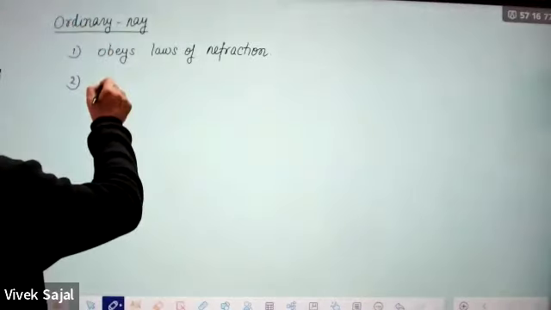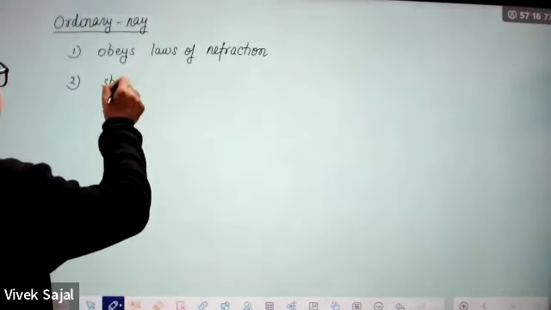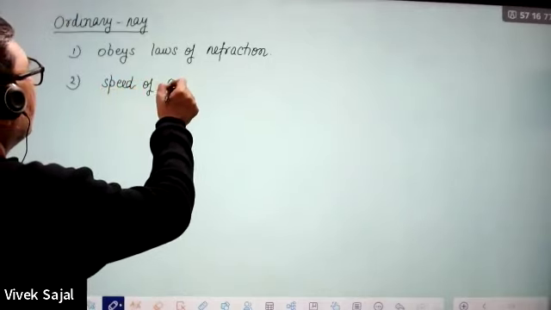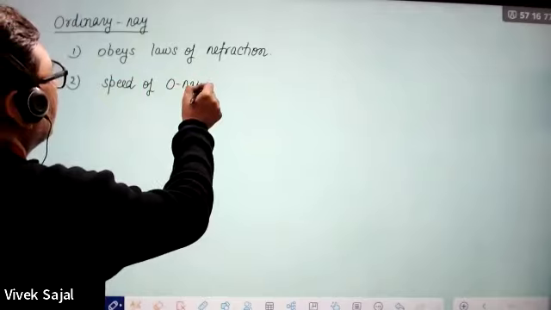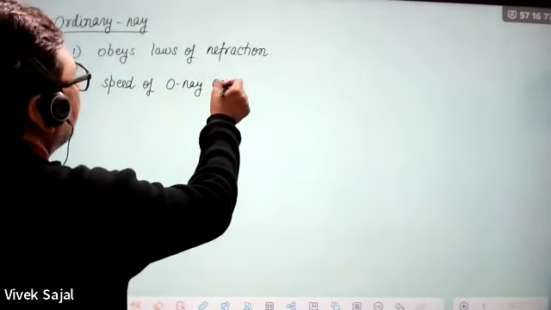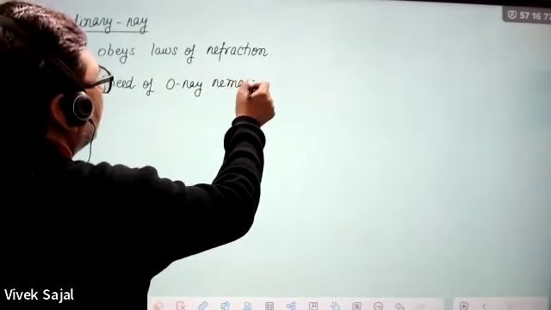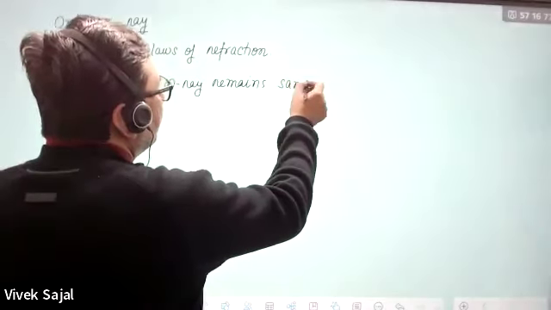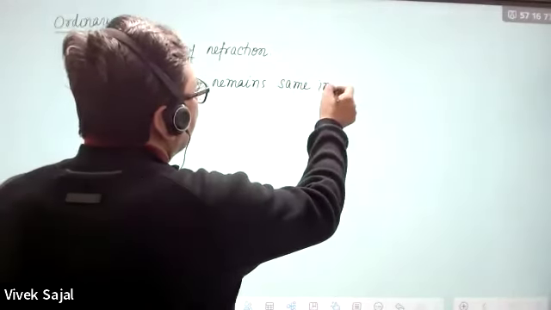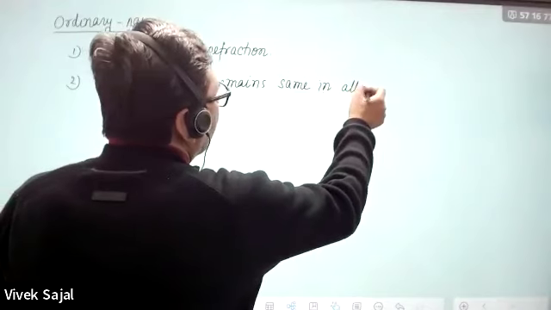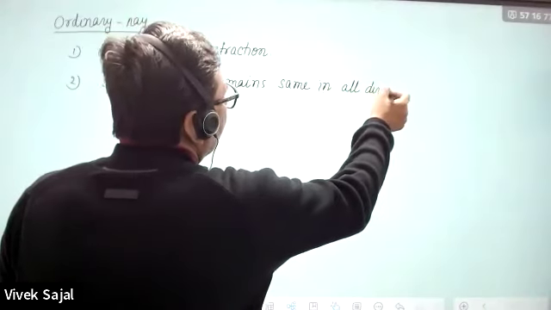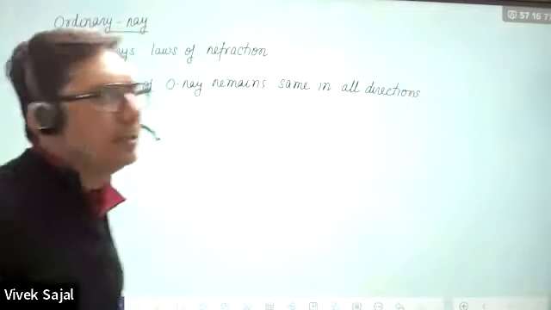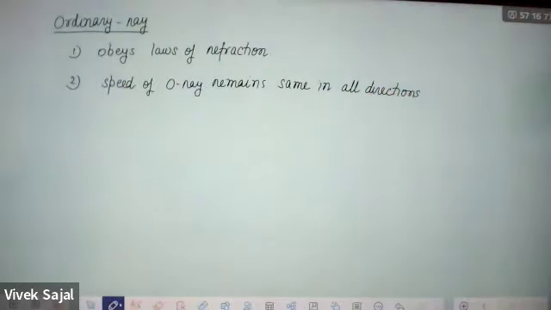Speed of the O ray remains the same in all directions. So this is the ordinary light.